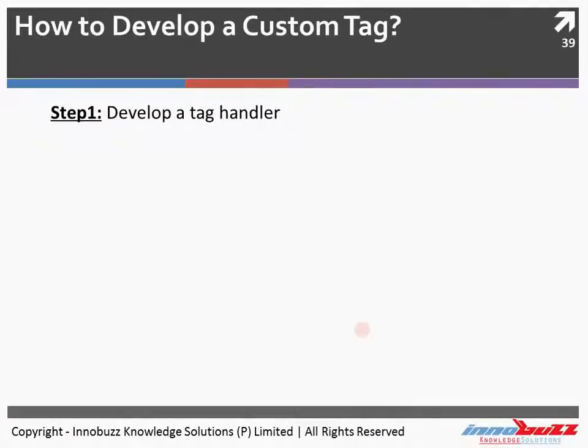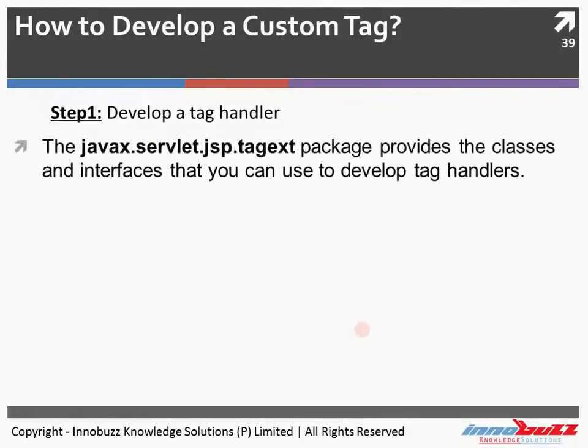So develop a tag handler. Here you need to develop a tag handler where the javax.servlet.jsp.tagext package will provide the classes and interfaces that we can use to develop tag handlers. So for any kind of tag handler to be developed, this package will provide all the classes and interfaces.